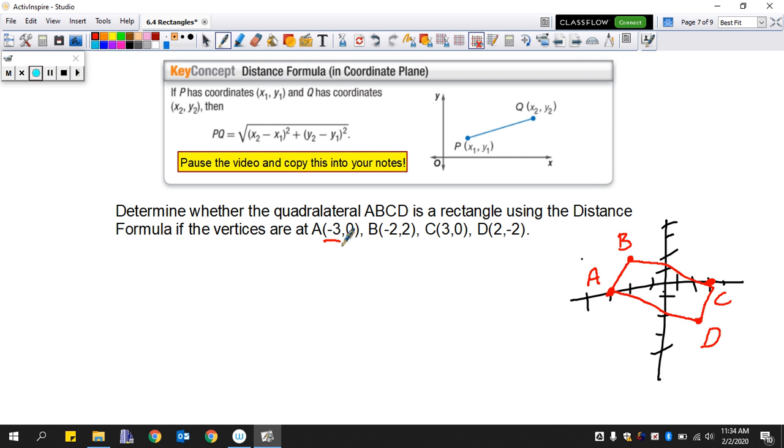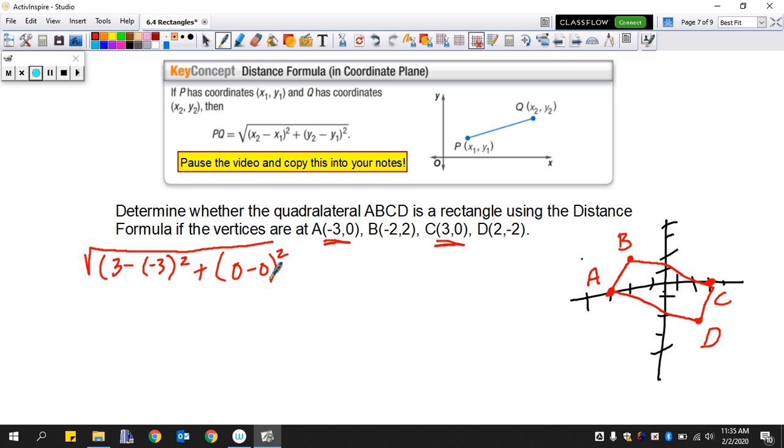So we're talking about the square root of x2 minus x1 squared. We're subtracting two x values, so I'm going to do 3 minus negative 3, and I'm going to square it, plus the y values, 0 minus 0 squared, which is going to be nothing.